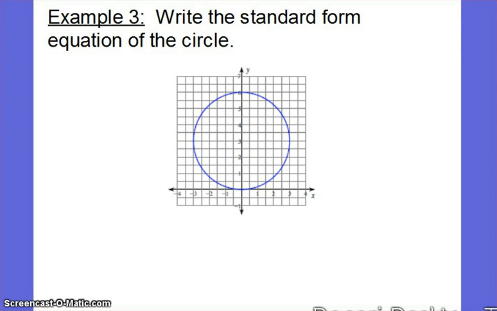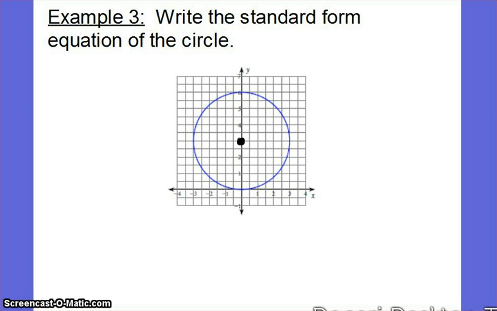Example 3. Write the standard form equation of the circle. I simply need to know the radius and the center. And since this circle seems to be split by the y-axis, it seems as though our center is at the point (0, 3).